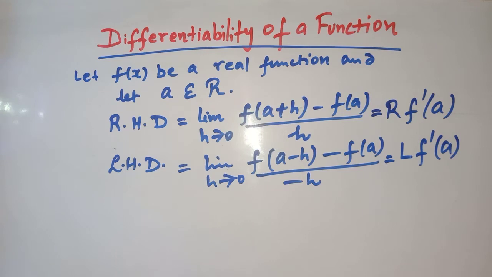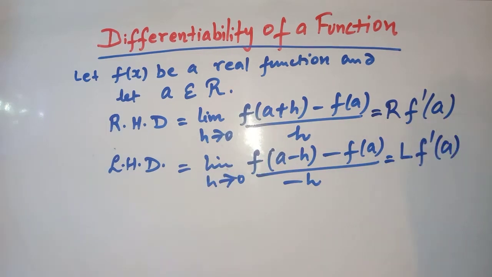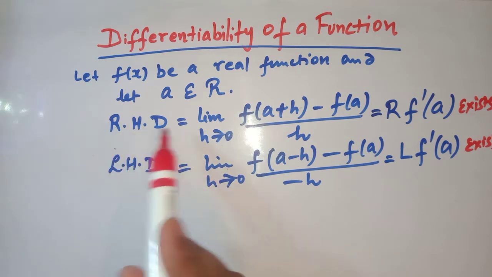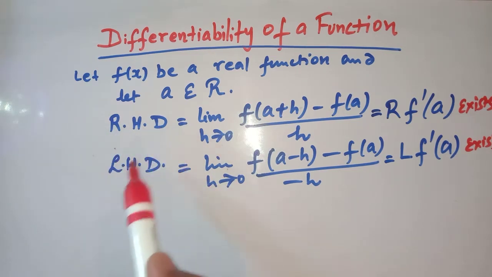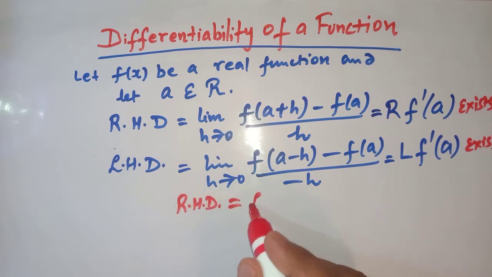Clear? So viewers, a function f(x) is said to be differentiable if the right hand derivative exists, the left hand derivative exists, and these two derivatives, the right hand derivative and left hand derivative, are equal.